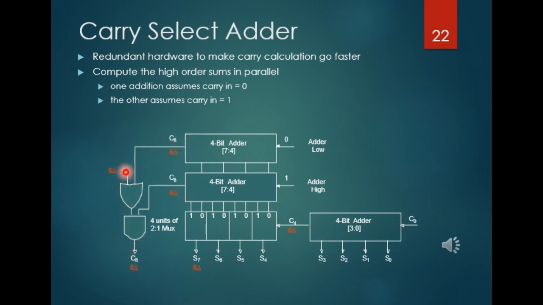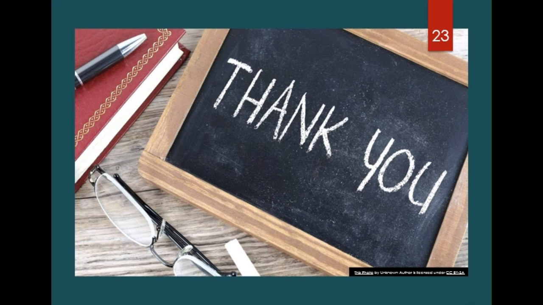If C4 is 0, then this C8 will be passed as the final carry out. If C4 is 1, then C8 of the bottom adder will be passed as the final carry out. Okay, that's all. Thank you for listening to this video lecture.